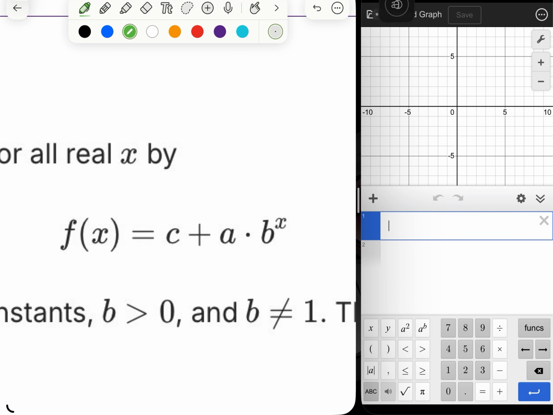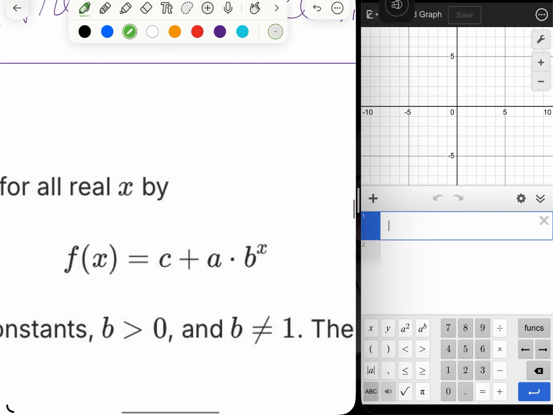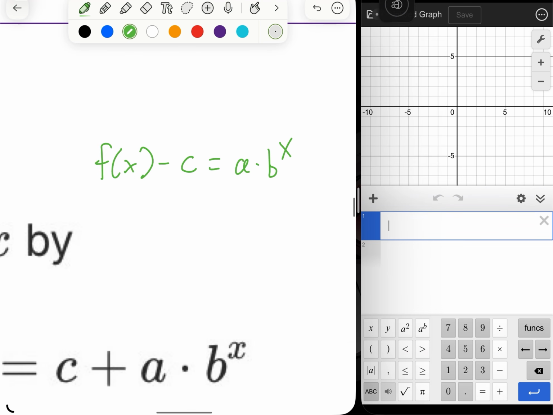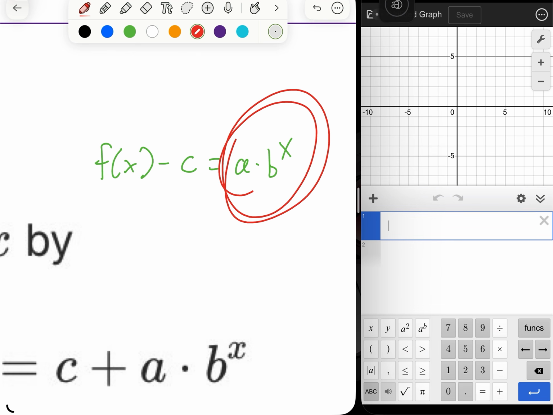So what do I mean by that? Well, if you subtract c from both sides, so you have f of x minus c equals a times b to the x. I think this is much simpler to deal with, even though it's technically the same thing, because now you just have the pure exponential on the right side. There's no constants being added or subtracted.